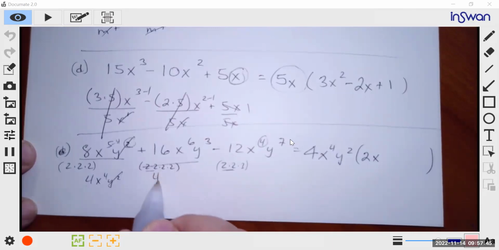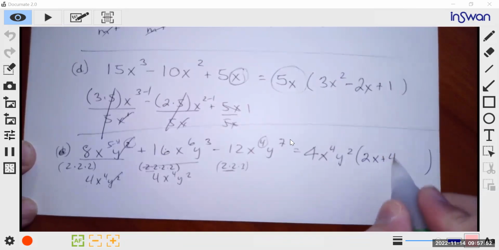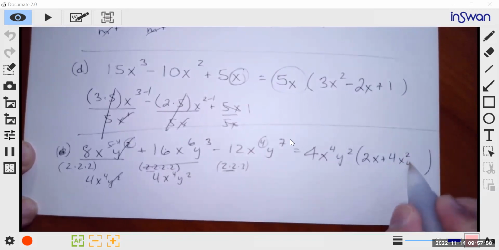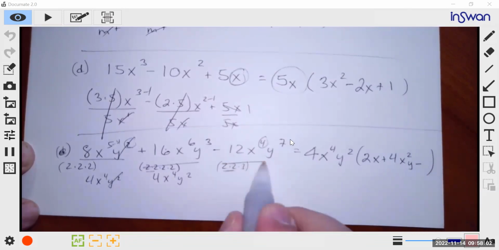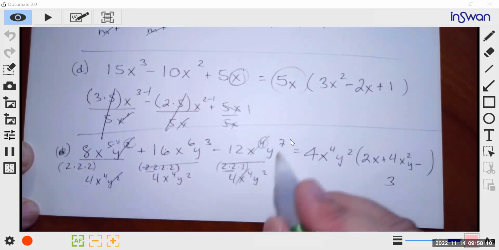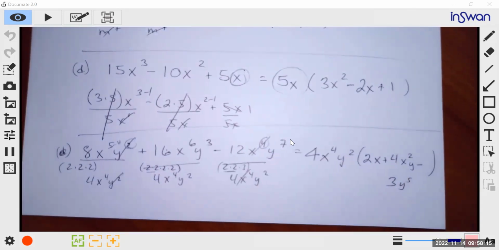And the next one, divided by 4x to the 4th y². 16 divided by 4 is 4. 6 minus 4 is 2. 3 minus 2 is 1. And divide the last one by 4x to the 4th y². 12 divided by 4 is 3. The x's are gone. 7 minus 2 is 5. So there's my answer.